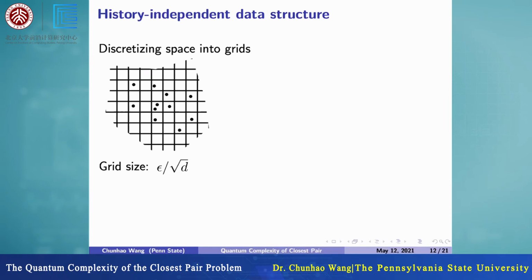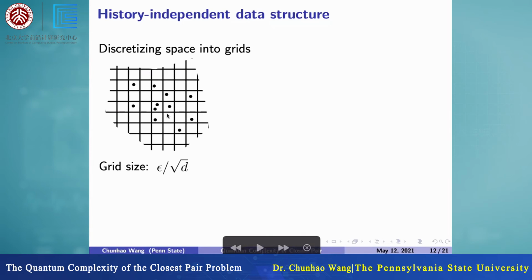By this grid size, if two points are in the same grid, then their distance is smaller than epsilon. And for each grid, we only need to check a constant number of neighbor grids to see if there's a close pair or not.